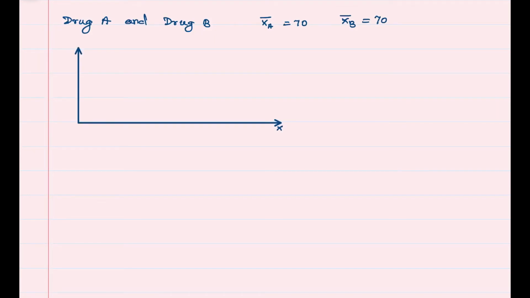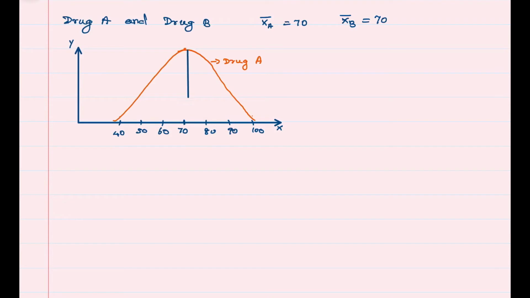If we take the satisfactory level along the x-axis and the frequency along the y-axis, let this be the normal curve for drug A. Mean satisfactory level for drug A is 70. Let this be the normal curve for drug B, and the mean satisfactory level for drug B is also 70.